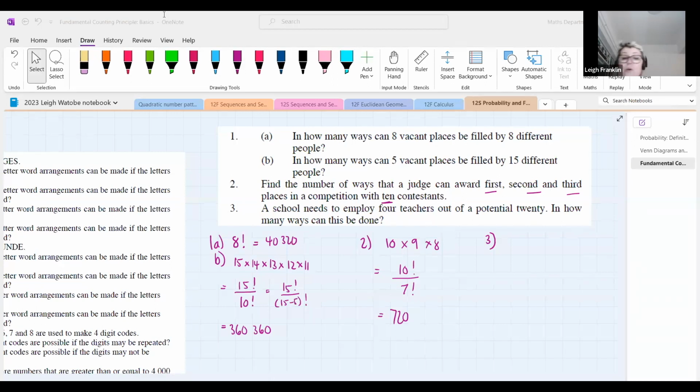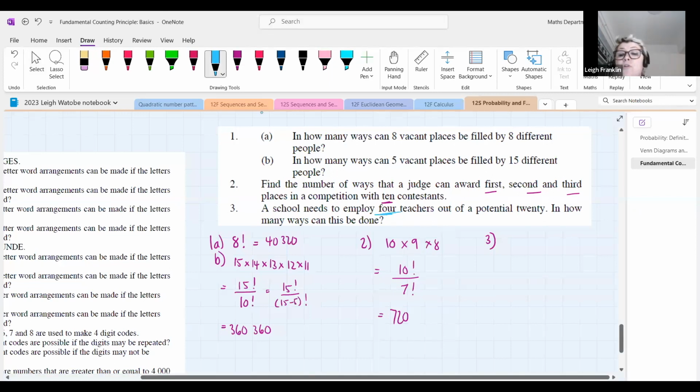And again, Katleho, it's the same idea with the last block. They're going to employ 4 teachers. They have a choice of 20. So there are 20 people to fill the first post, 19 people to fill the second post, 18 people to fill the third post, and 17 people to fill the last post.